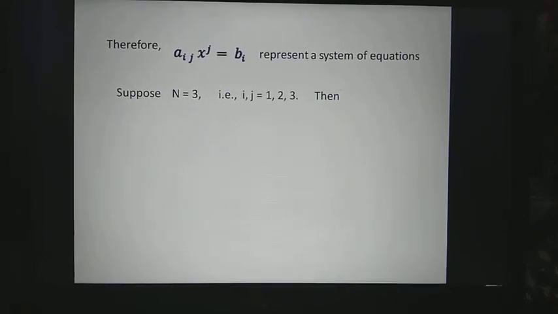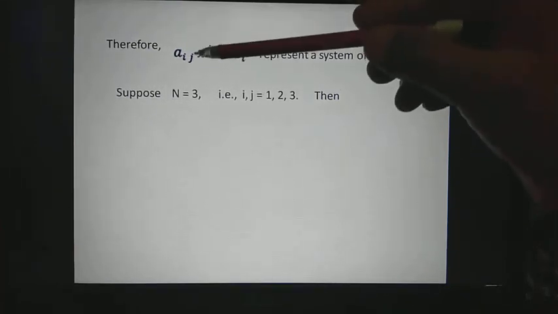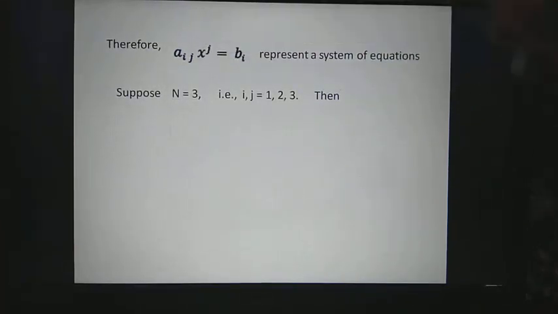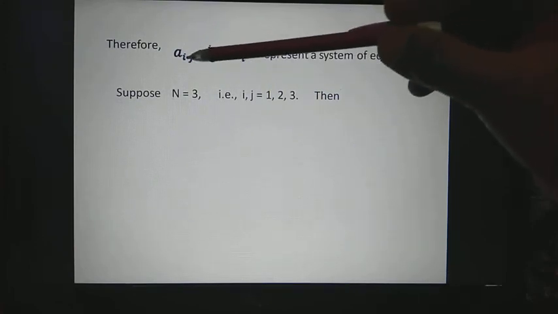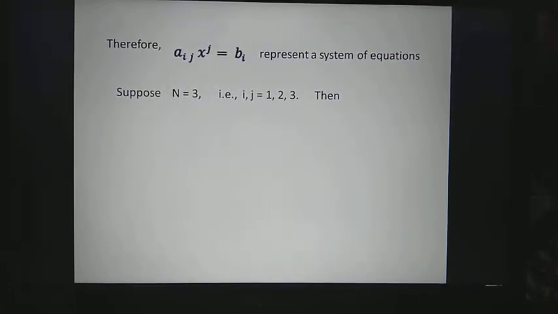In this sum, j is repeated in the term Aij xj, and therefore the sum is taken over j by Einstein summation convention. So we write the equation Aij xj is equal to Bi as summation j from 1 to 3 of Aij xj is equal to Bi.